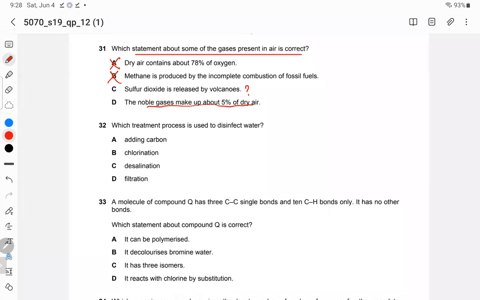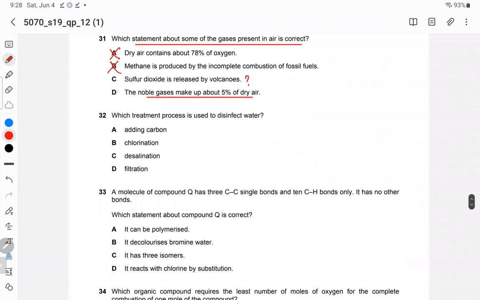The noble gases make up 5% of dry air. No, it's wrong because there is 78% nitrogen and 21% oxygen, which makes 99% of dry air. So D is for sure not correct, and C is our answer because one source of sulfur dioxide is a volcanic eruption.